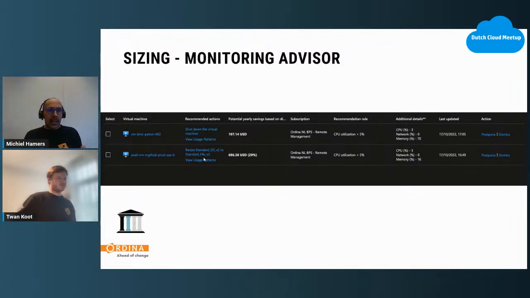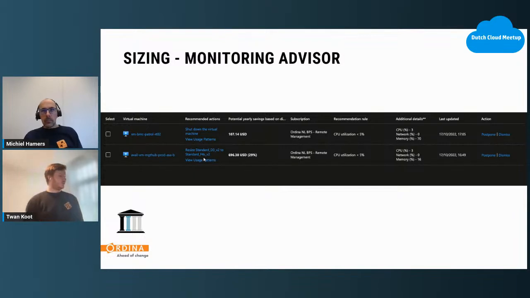Based on the analysis, it will give you a benefit of almost 30% of your costs. So this is something within Azure.